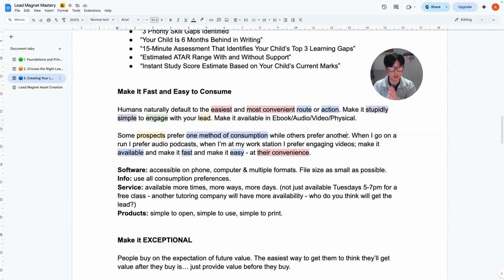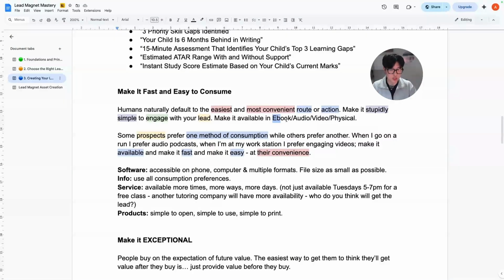They might be equally qualified, but some will prefer this way while others prefer that way. For example, when I go on a run, I prefer an audio podcast, something I don't need to watch on my phone, whereas when I'm at work, I prefer engaging videos that make me want to continue listening. So make it available, make it fast, and make it easy, at their convenience and not necessarily yours.